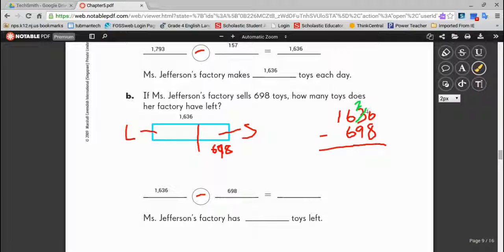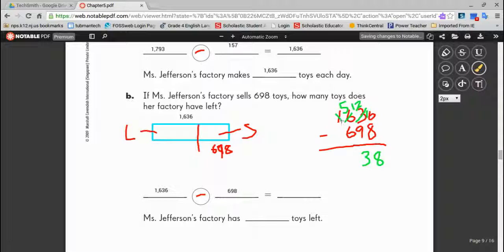Take 1 tens away, add 10 here. 16 minus 8, well, that's 8. Now I have 2 minus 9, can't do that, so I gotta take 1 away, add 10 here, take one of my hundreds away, add 10 tens here. 12 minus 9, well, that's 3.